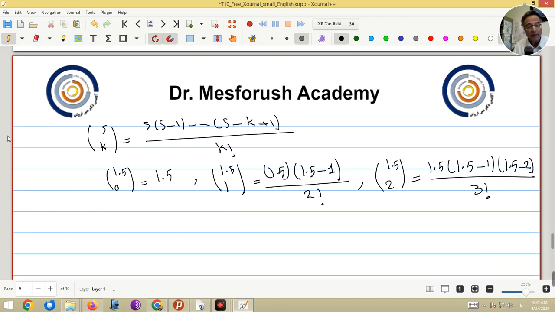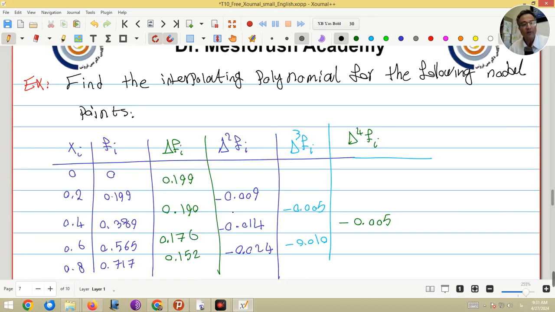Okay, so if we compute all of these terms in this manner, and finally I put all in p of 1.5 to form 0 plus 1.5 times 1.199, and this term comes from here.